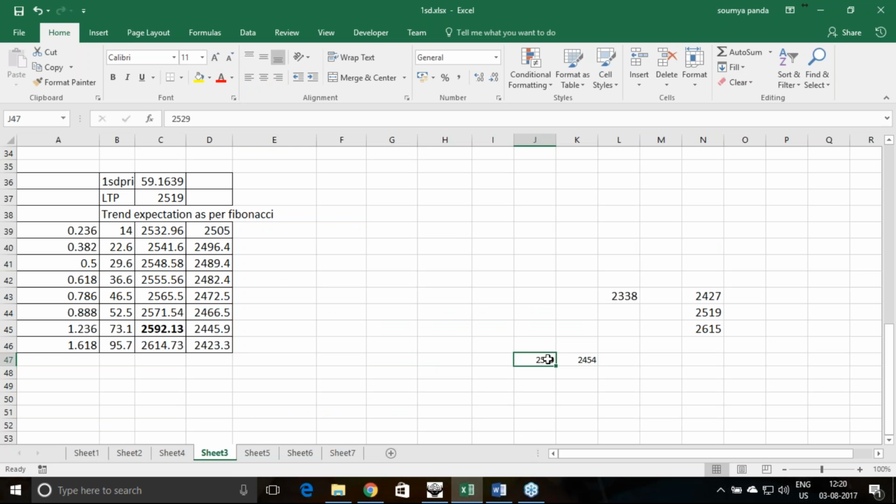These two values I will compare with my third cycle reference points. Till 2454, I am coming to the 1.236 retracement level in the third cycle. After achieving the target of 2599, it retraced back and came down into the third cycle, and that too below the 0.888 retracement.